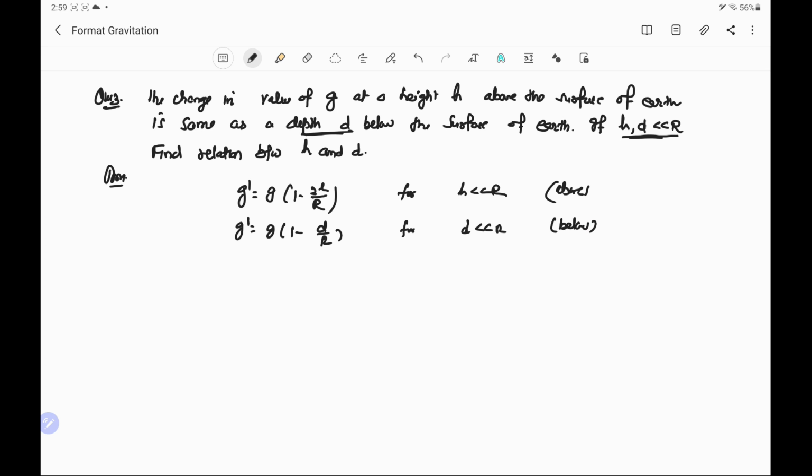As per the question, the change in the value of g is g minus g'.